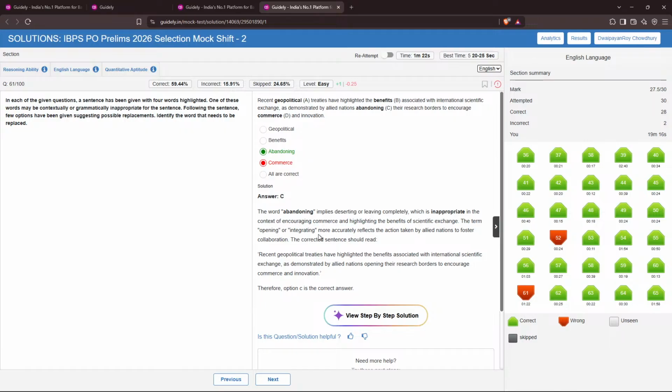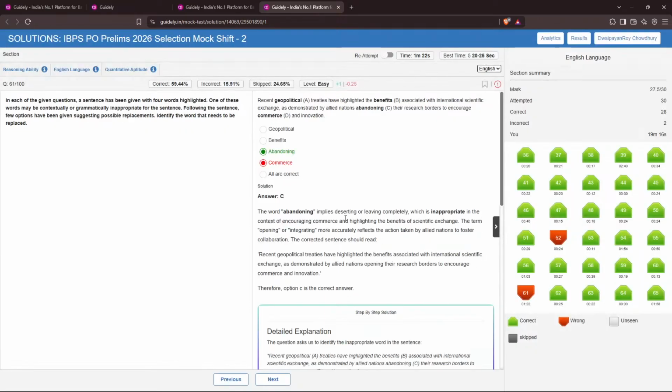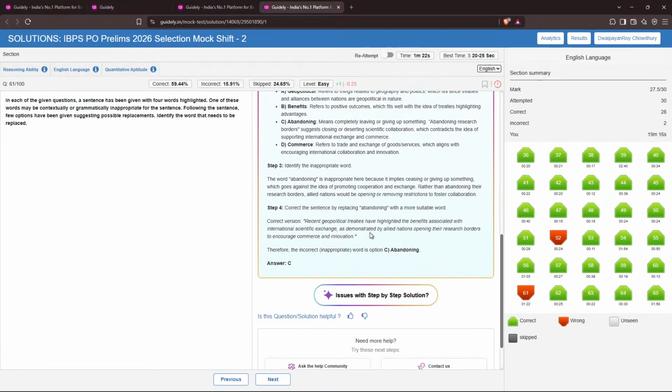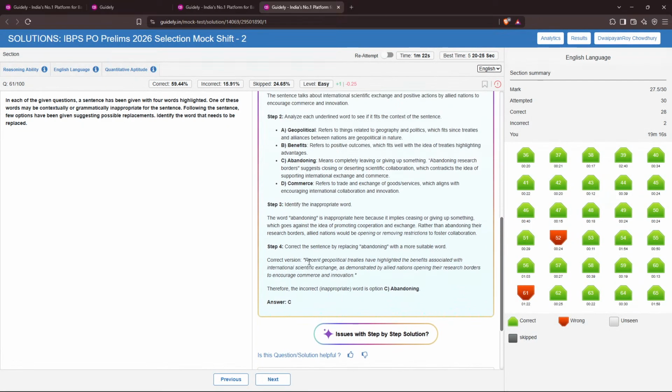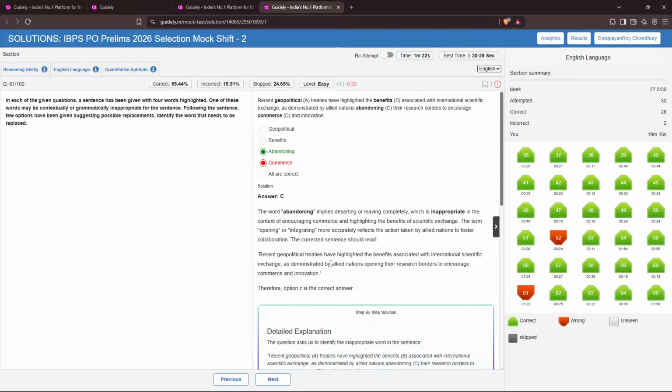Okay, opening their borders. But what can be the correct word then? They are saying as demonstrated by opening their research borders. Yes, somewhere it makes sense, but I thought that they are abandoning their borders. Okay, but commerce was correct.